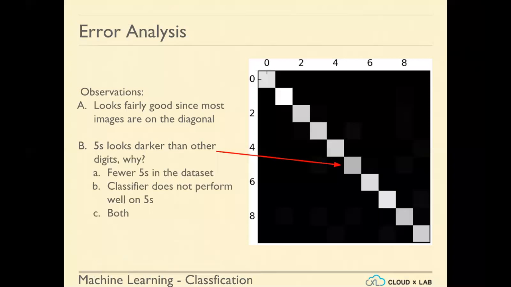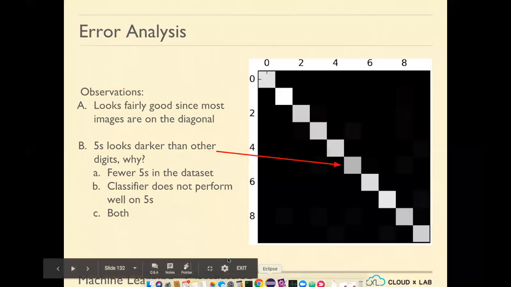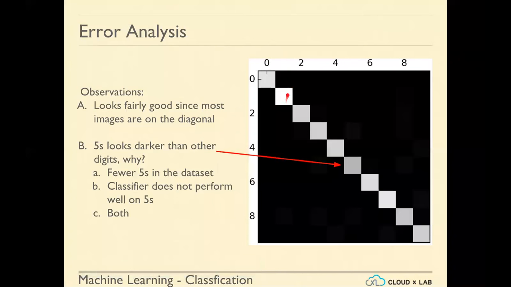This is a confusion matrix. Here the rows are the truth, and this is the prediction. So how many 1s have been identified correctly? The number of ones identified correctly. So it's actually both.